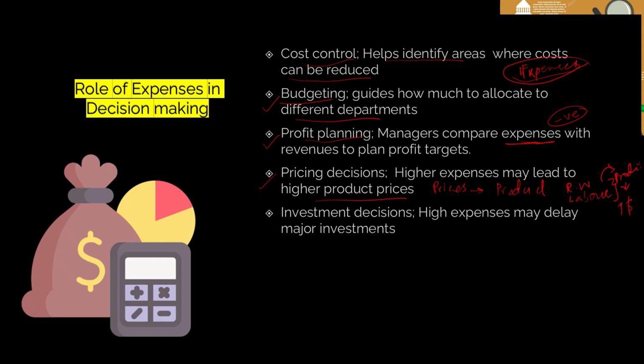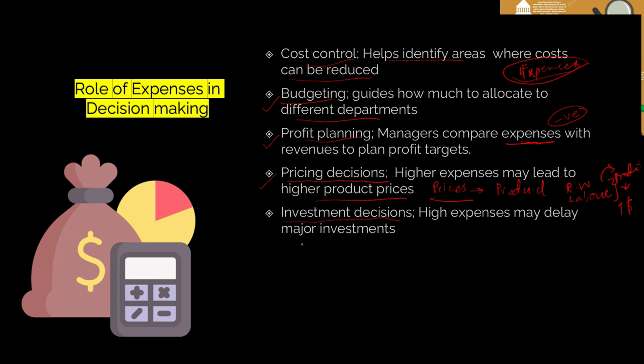So definitely it is going to affect the price of the product very adversely. If you are going to control the expenses, you are going to control the price of the product also. So in that scenario, expenses are very important to understand and to analyze.